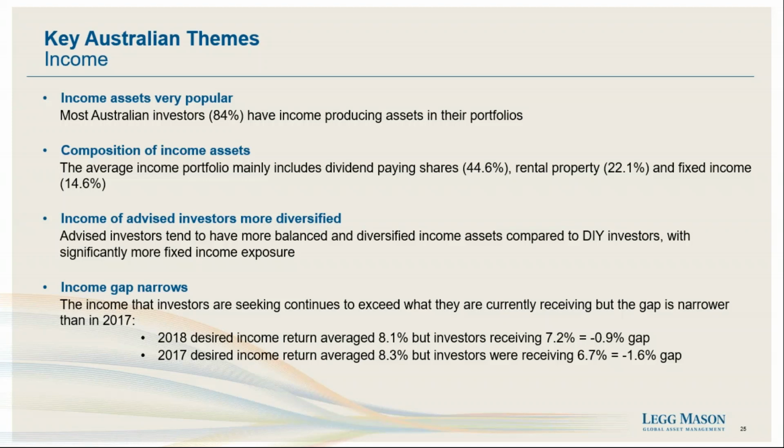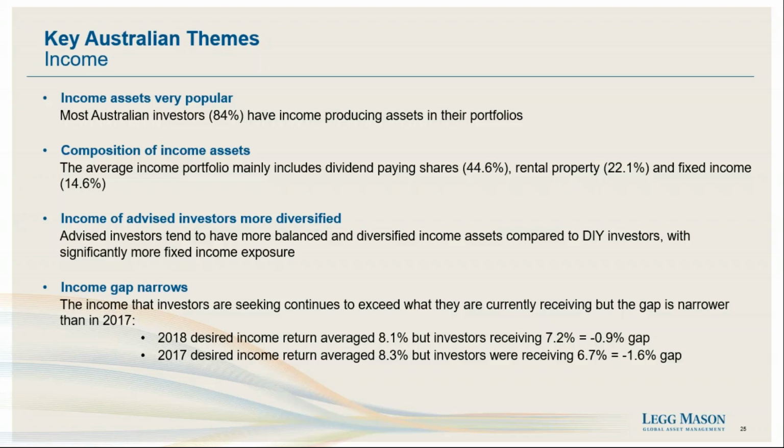With those opening remarks, most investors in Australia have income producing assets, and those income producing assets are biased heavily towards dividend paying shares, and I suspect that's not a surprise to people on this call.